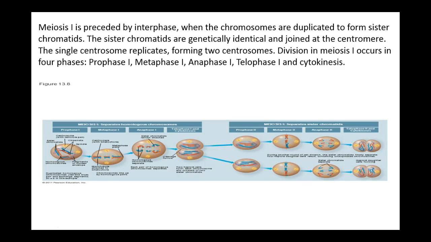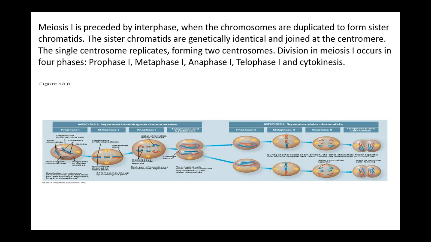It's not quite that simple. It's a little more organized than that, but you can think about it that way at this time. And the regions where crossing over has taken place are called the chiasmata.